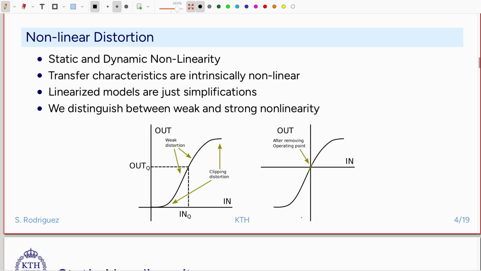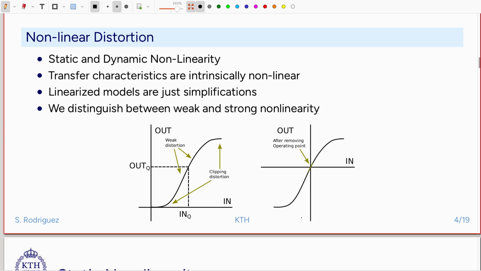When we talk about nonlinearity, basically we talk about two types: static and dynamic nonlinearity. For static nonlinearity, what we're going to concentrate on is just the characteristics of our transistors, the static DC characteristic curves.